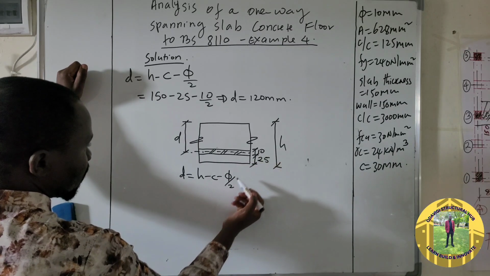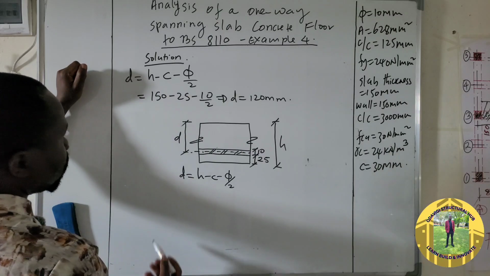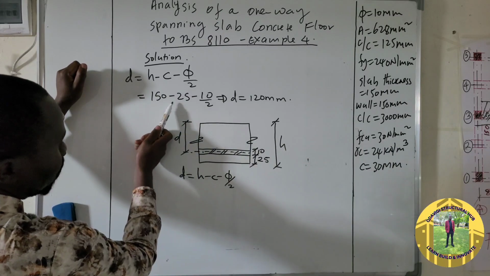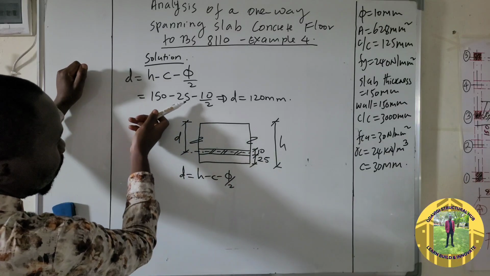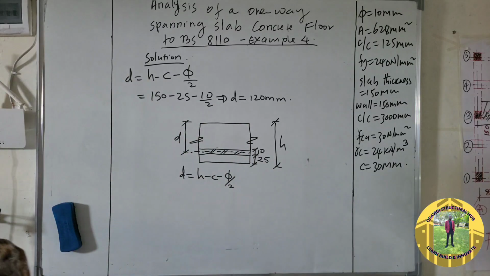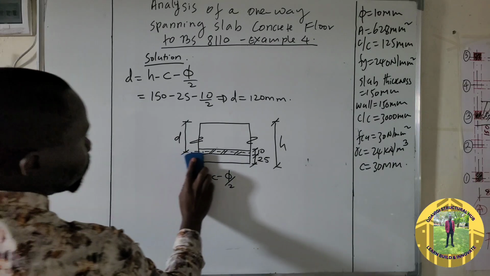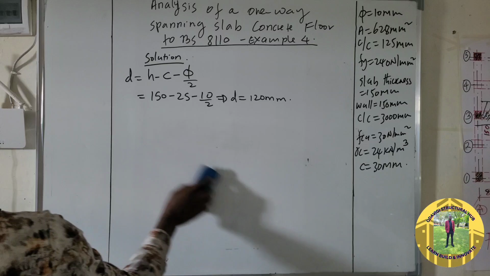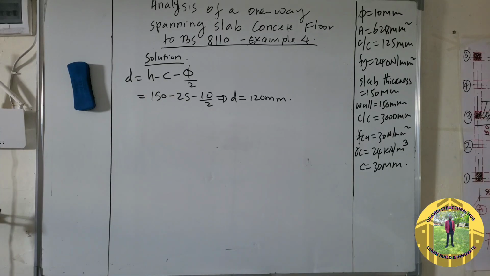So this is equal to 150, h, cover is 25, and then diameter is 10 divided by 2. You will get 120 millimeter. So this is our d.